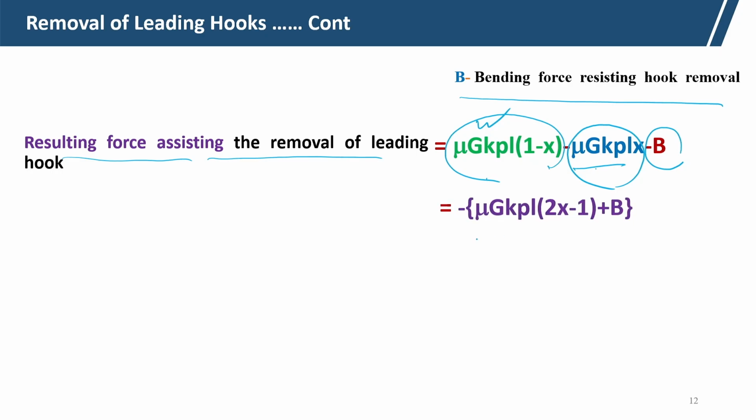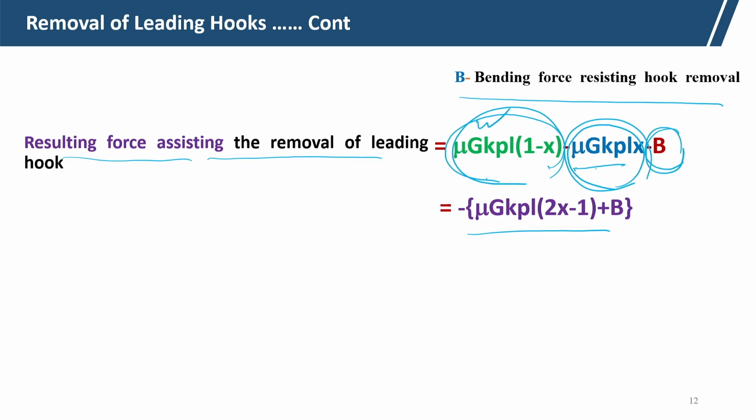So, this is the equation, this is the assisting force in contact with the other fibers in the drafting zone, resisting force in contact with the leading hook portion in contact with the other fibers in the drafting zone, and B is the inherent hook removal, the bending force of hook removal.